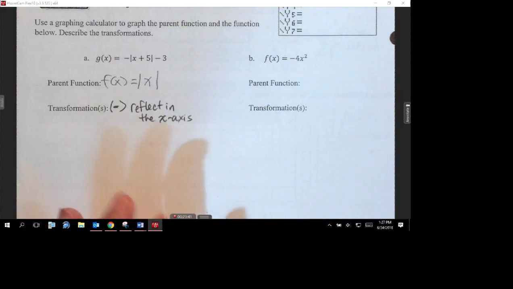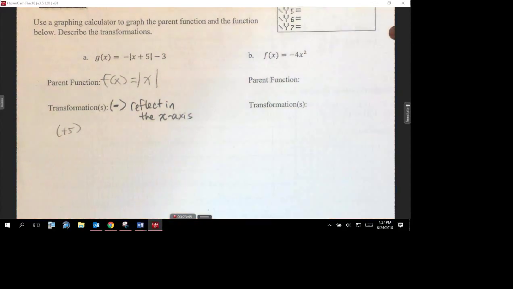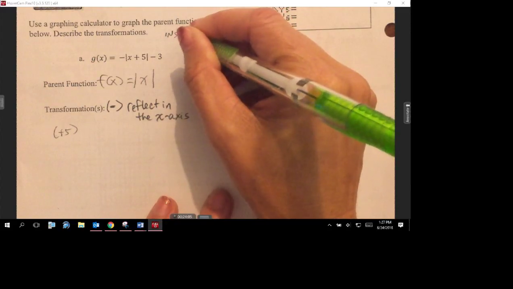And then what does the plus 5 do? Is it inside or outside of the absolute value? It's inside. So inside is always horizontal. Remember, inside is horizontal.